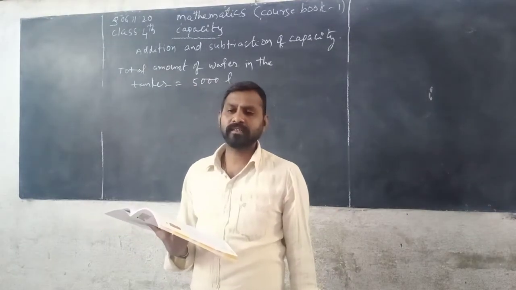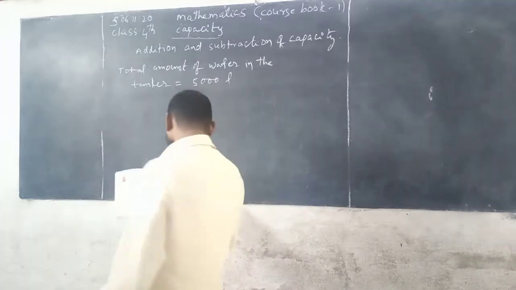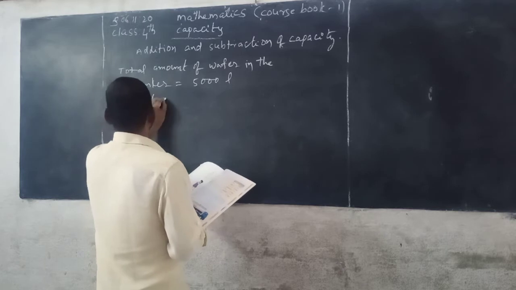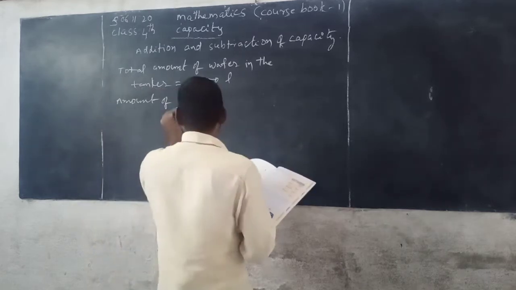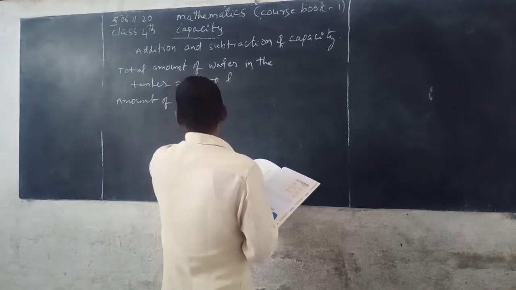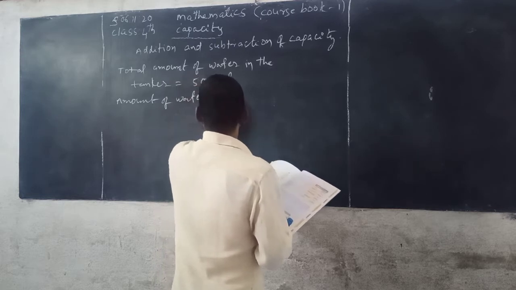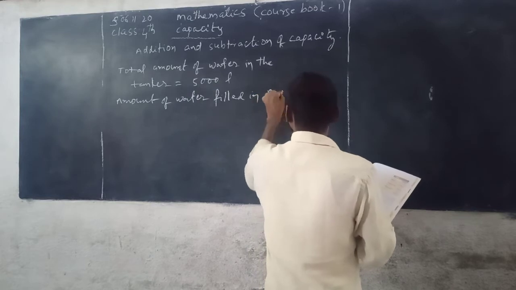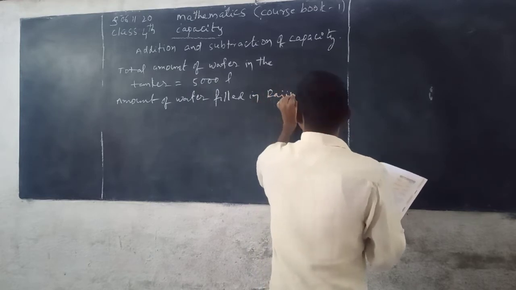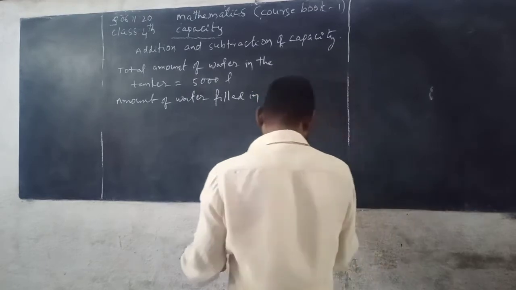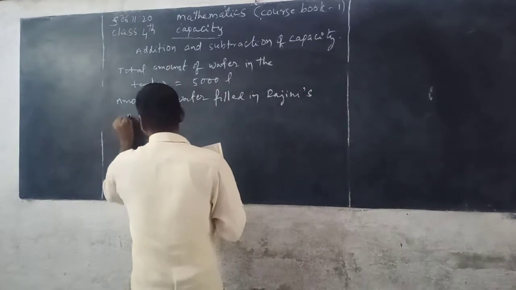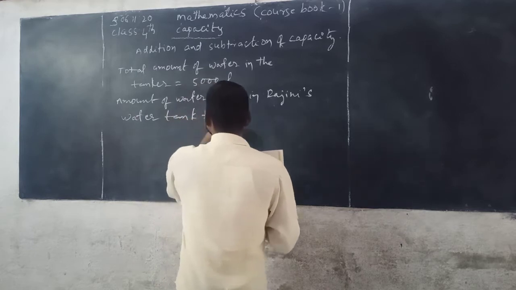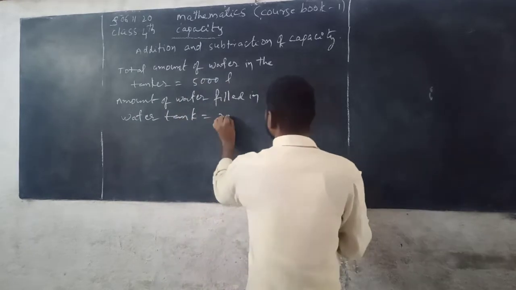Next, amount of water filled in Rajni's water tank. How much? 2000 liters of water. Here write down, amount of water filled in Rajni's water tank is equal to 2000 liters of water.